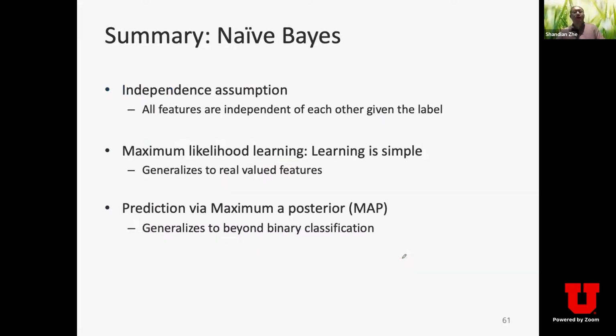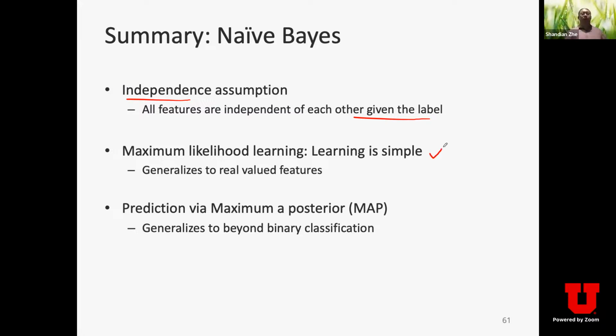Okay, to summarize, the key assumption that makes naive-Bayes successful and popular is this conditional independence assumption. Namely, we assume that conditional on the label, all the features are independent of each other. In this way, we largely reduce the number of parameters, and the number of parameters just grows linearly with the number of features, which is usually acceptable in practice. Then we can use maximum likelihood estimation.